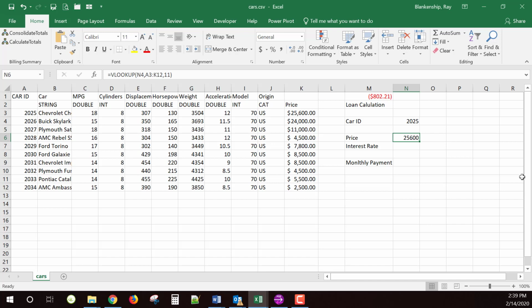Now typically I would say don't format until you're done, but I want to go ahead and make it look nice for you. The interest rate is we're going to use 0.08, and that means 8%, so I need to make that look nice, so it's 8%. And so then the monthly payment is, now we're going to use cell references in all of our values, and I could say, let's go ahead and do that as well.